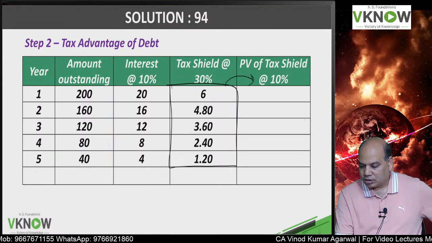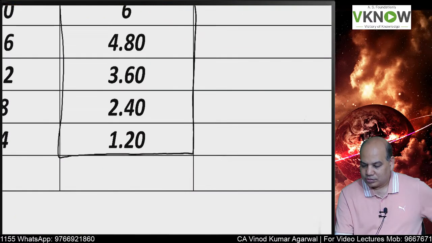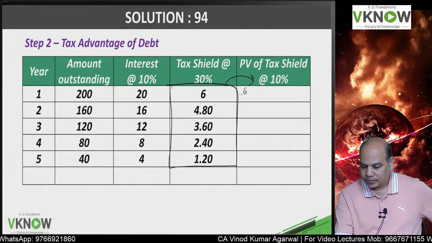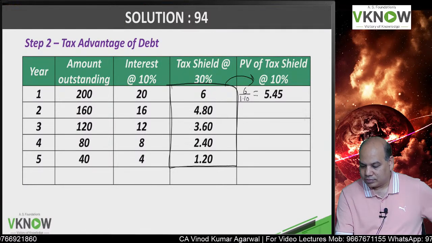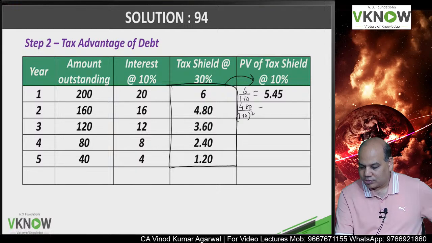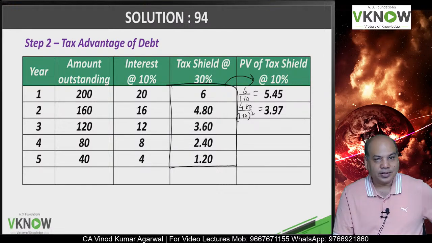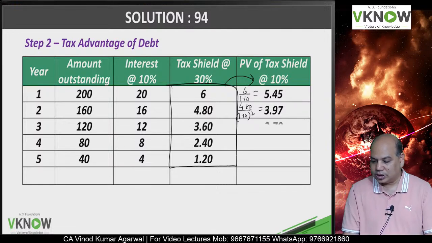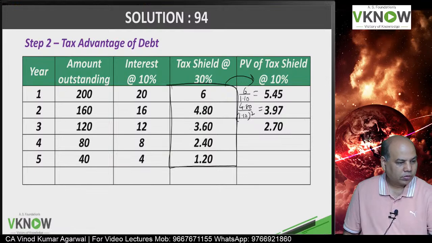Please convert into present value using 10% discount rate. 6 divided by 1.10 equal to 5.45. 4.8 divided by 1.10 two times equal to 3.97. 3.60 divided by 1.10 three times equal to 2.7.